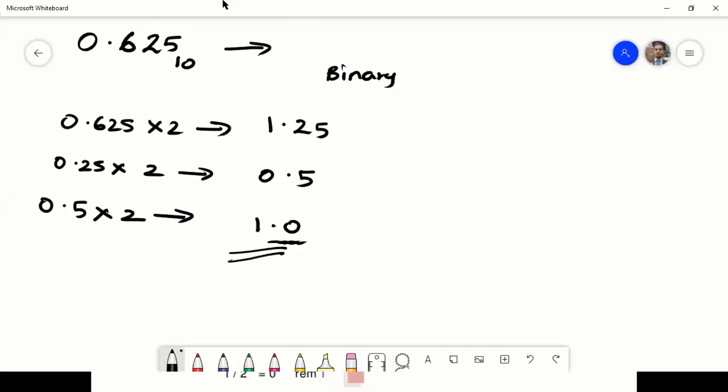Now first put the 0 point, then from top to bottom, put 1, then 0, then 1. So 0.625 base 10 is equal to 0.101 in binary, right? Is it clear?